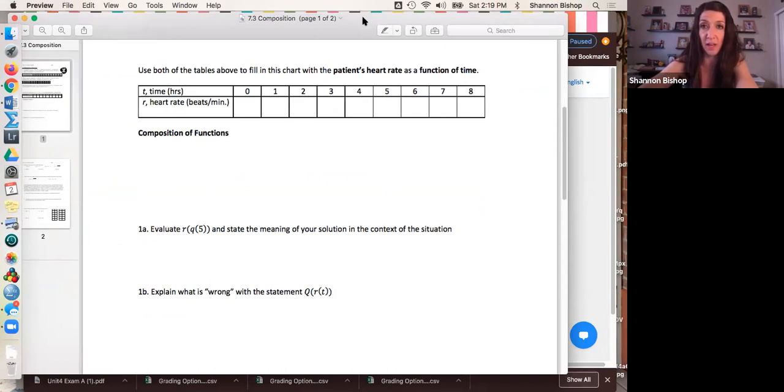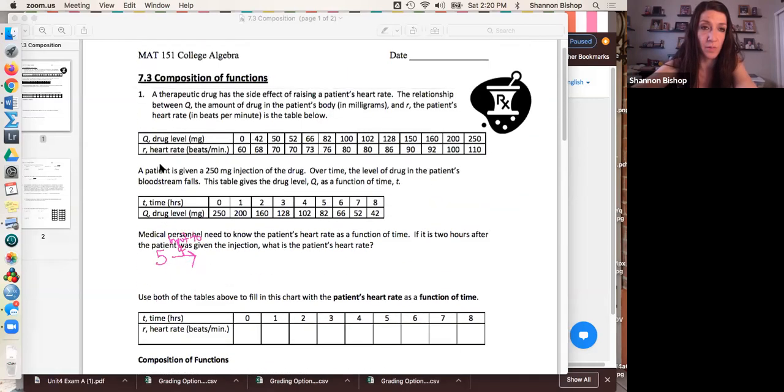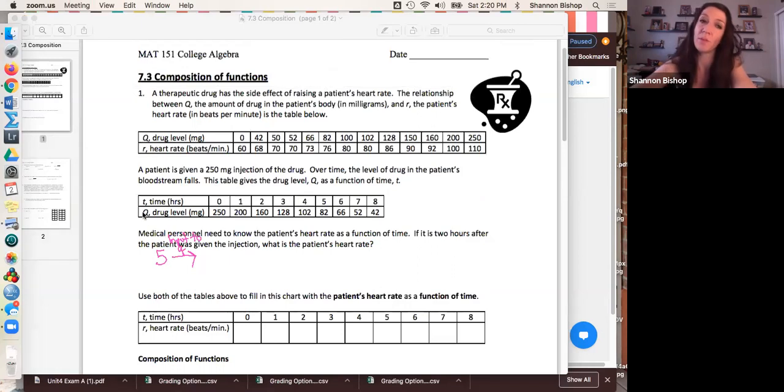Notice how I'm saying that: the function notation is the word "of." So R of Q of 5 says that first 5 gets plugged in to the function named Q. Which function up here is named Q? Is it the top table or the bottom table?